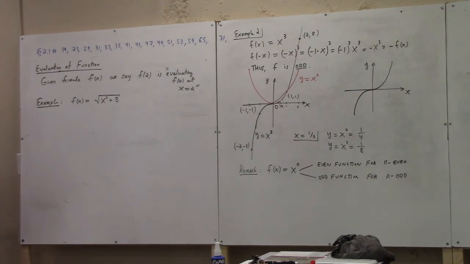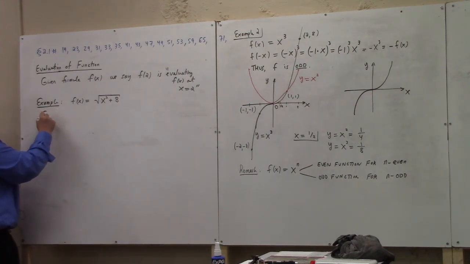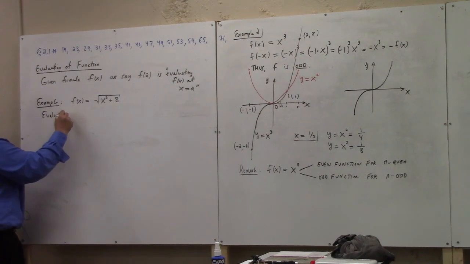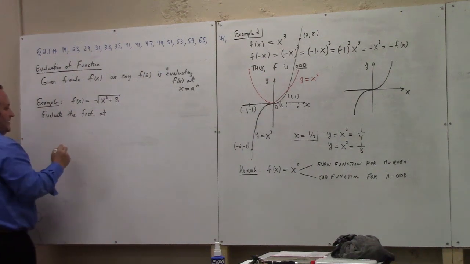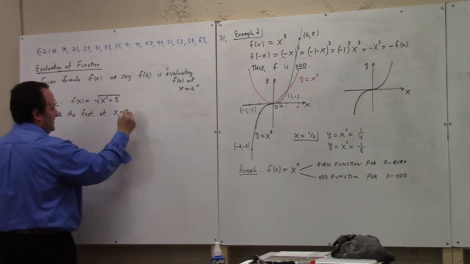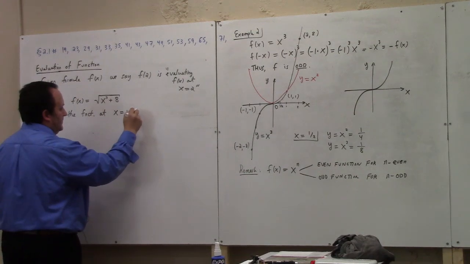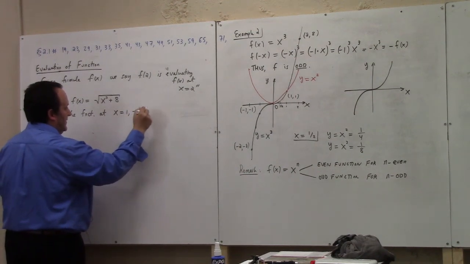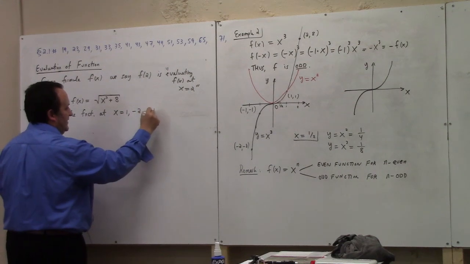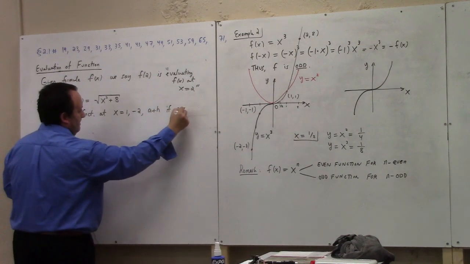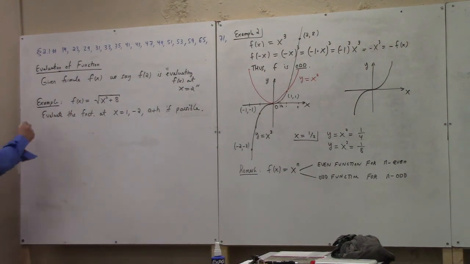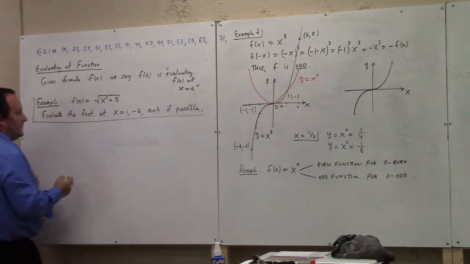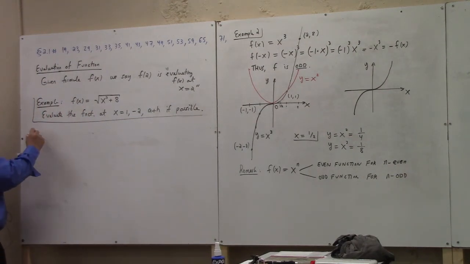So we could do some things, like evaluate the function at x equals 1 and minus 2 and a plus h, if possible. So, all right, so like x equals 1, let's look at that one. What would f of 1 be?